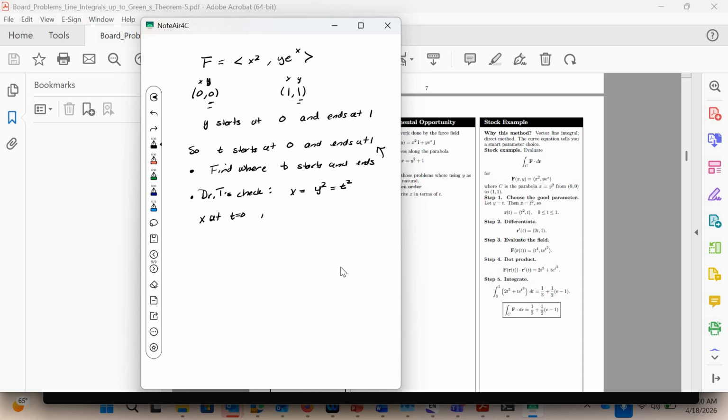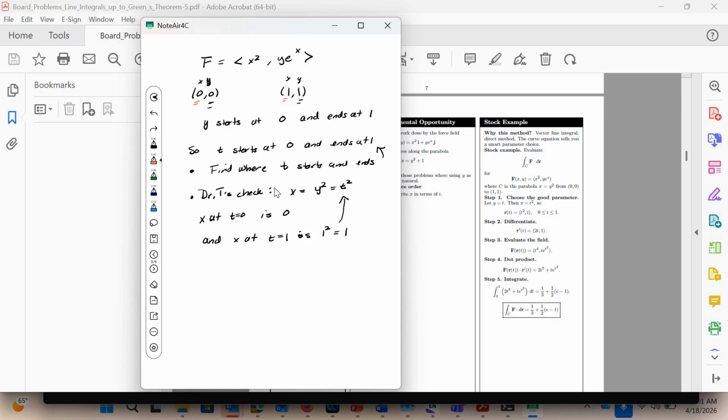Sorry, erase that. That was wrong. Sorry, this is how I did it. Your x was t squared and your y was t. So this is your position vector. I started going to step 3 without really thinking about it.